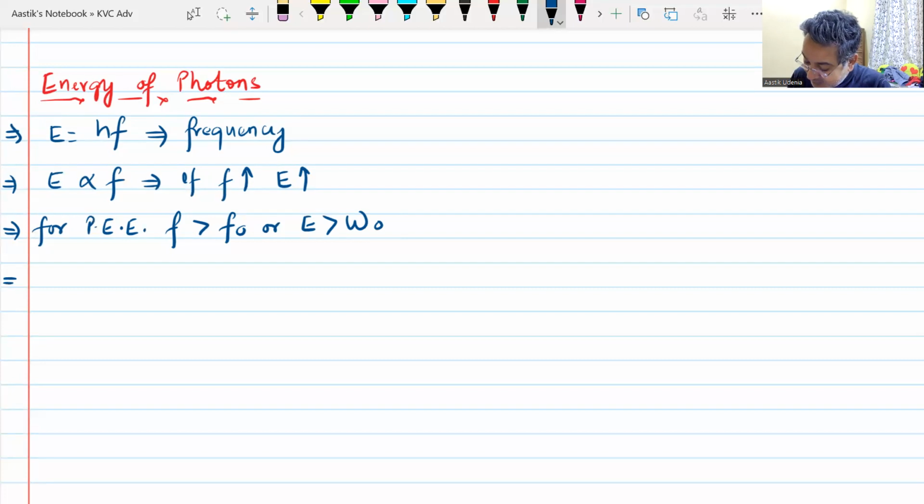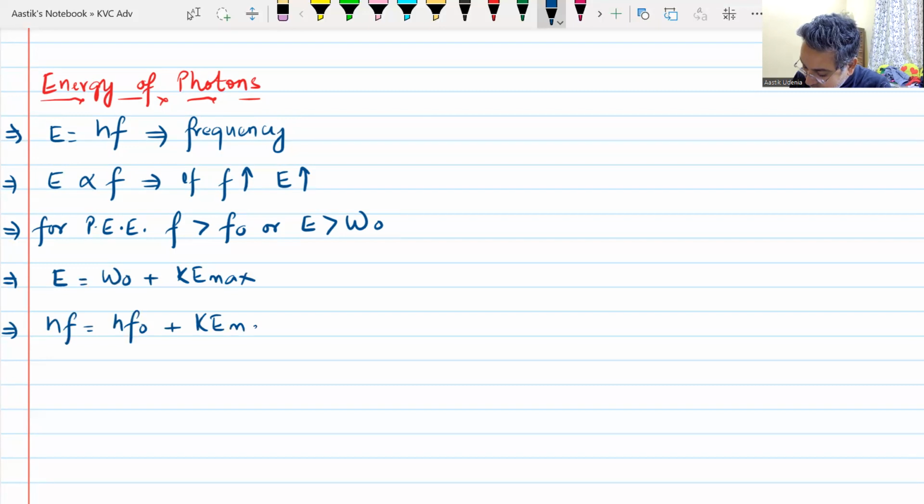Now, by Einstein's equation, we have seen that this E will be equal to W naught plus the maximum kinetic energy. Yes or no? Yes. That means you can write this HF will be equal to HF naught plus KE max. That means the maximum kinetic energy is directly proportional to F. Yes or no?